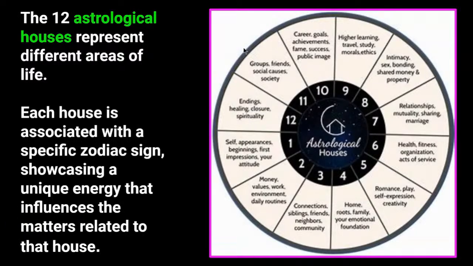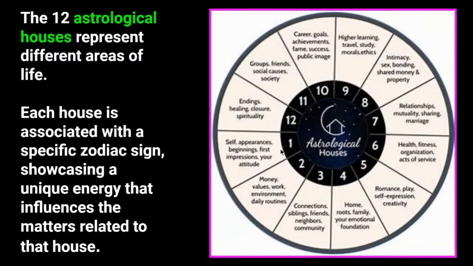All right. So in these houses, the houses are numbered. We'll discuss this a few times. The houses are numbered counterclockwise, 1 through 12. The first house, again, these are personal insights and interpretations.